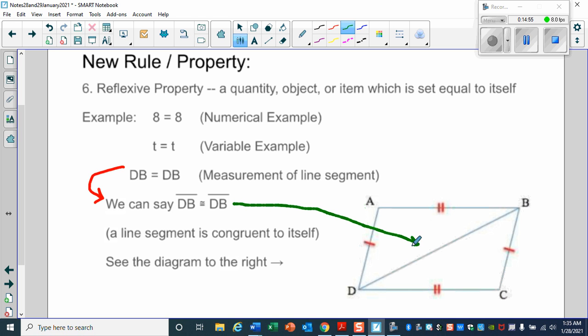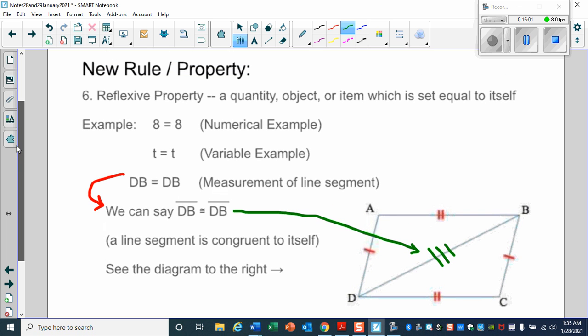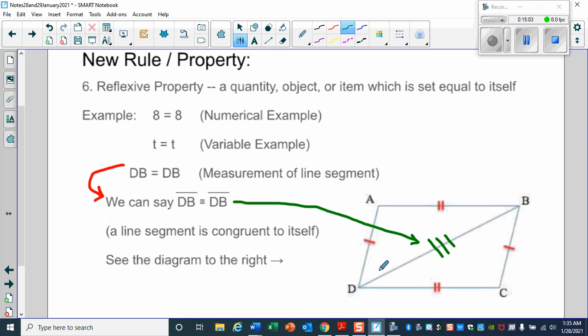Mark it 1, 2, 3. And once you do that, this can help us because now we see that we're going to start from 1, 2, 3. So we start at D, go to A, then go to B, go back down to D. So that's a triangle.